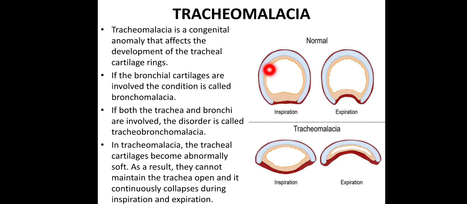This is the normal condition in inspiration, and in expiration this is the condition where the lumen narrows when the trachealis muscle goes inside. So this is the congenital anomaly that affects the development of tracheal cartilage rings.